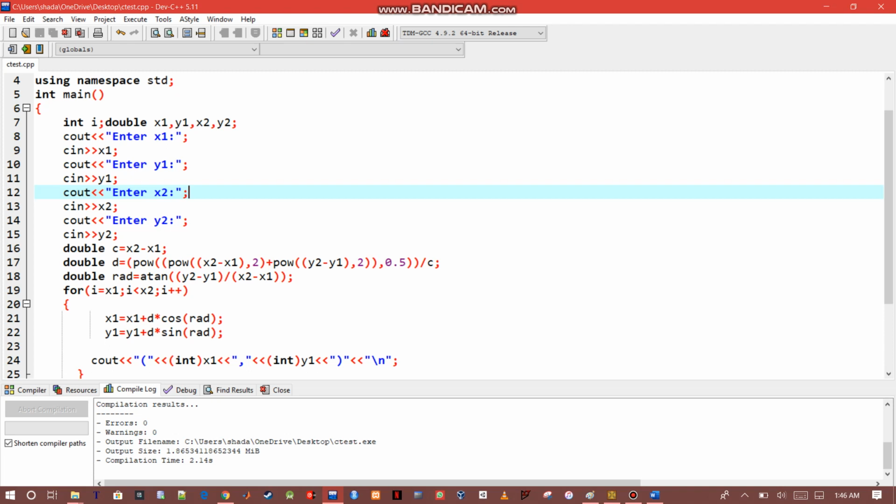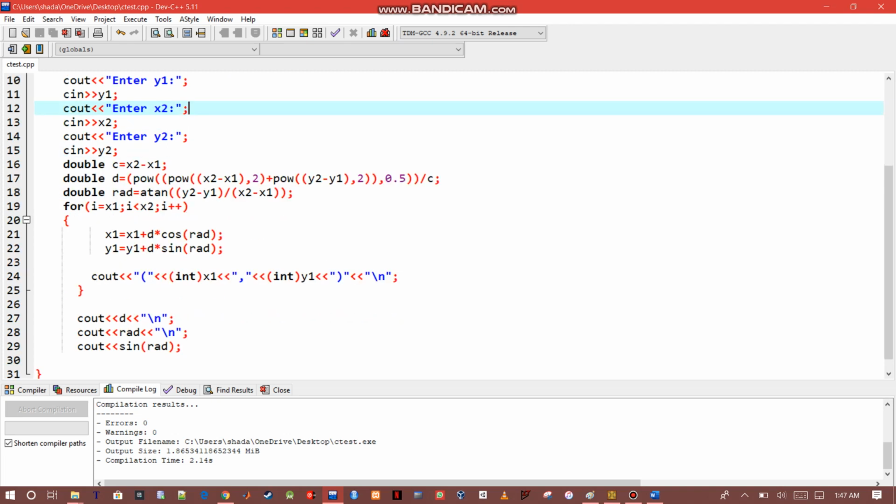Now we calculate the angle in radians using the inverse tan, which is atan in C++, of (y2 minus y1) by (x2 minus x1), the slope, which gives the angle of the line made with the x-axis. Now, using the for loop, we increment i from x1, the input coordinate, to the final coordinate x2.